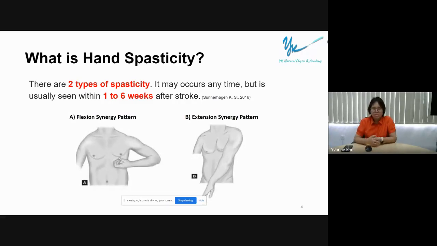First is the flexion synergy pattern, where the wrist is in flexion position and the elbow in flexion position. The second is the extension synergy pattern, where the patient will show elbow extension, wrist extension, and finger also in extension.